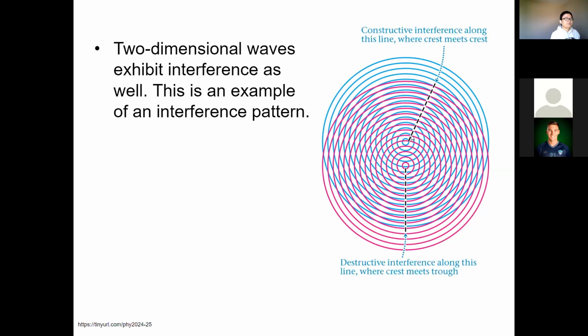At some points, if the peak of one wave meets the peak of the other, they add up and become constructive interference. If the peak meets the valley of the other wave, that's destructive interference. Here is where the destructive interference happens, and here is where the constructive interference happens.